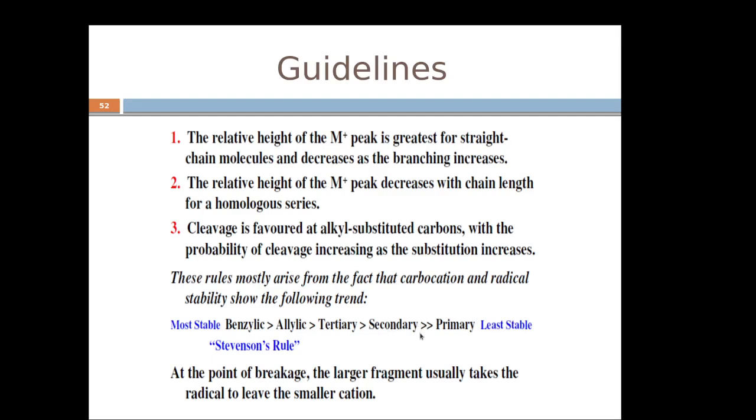Okay, so this is in accordance with Stevenson's rule, which says that compared to a primary carbon, the secondary carbon is more stable. Compared to the secondary carbon, the tertiary carbon is more stable, the allylic carbon is more stable than the tertiary carbon, and the benzylic carbon is much more stable than the allylic carbon.